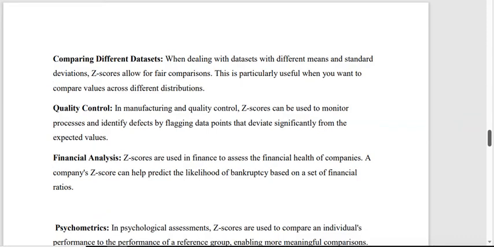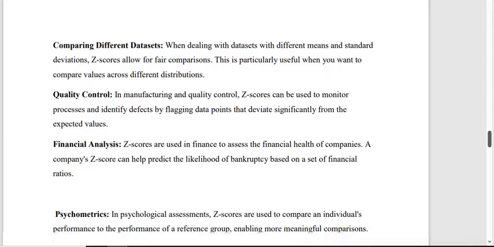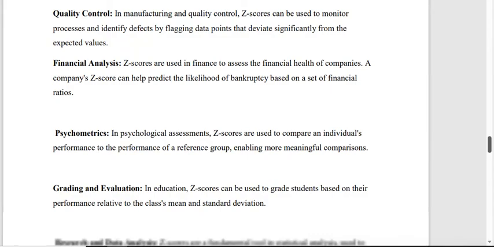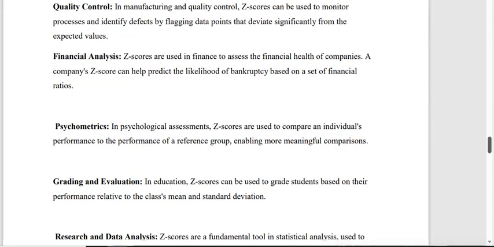For example, comparing different data sets with different means, we can use z-score to allow a fair comparison. In quality control, we do the same to detect defects, data points that are significantly different from the expected values. Even in financial analysis, we use z-scores to help predict the likelihood of bankruptcy.